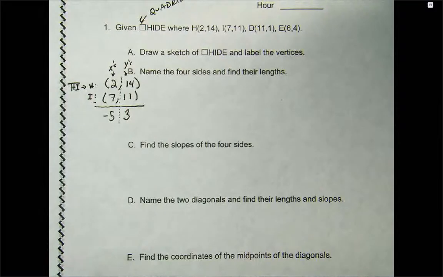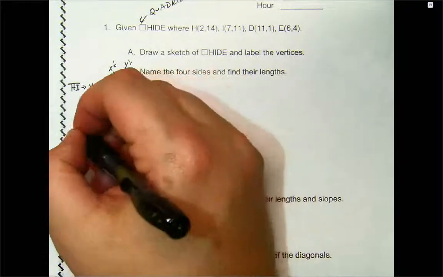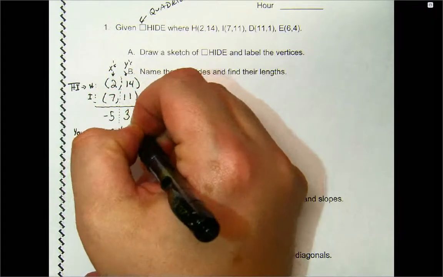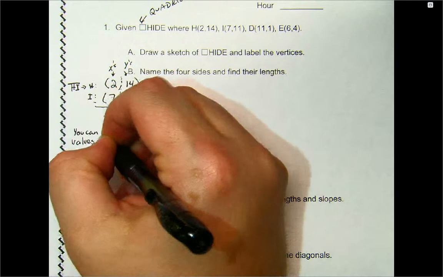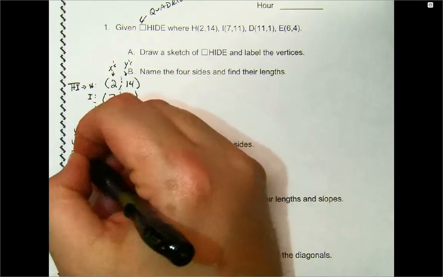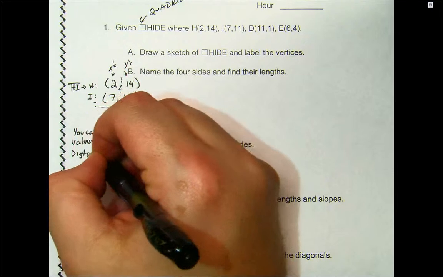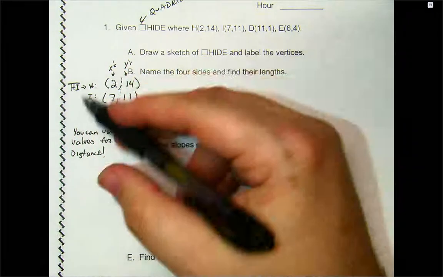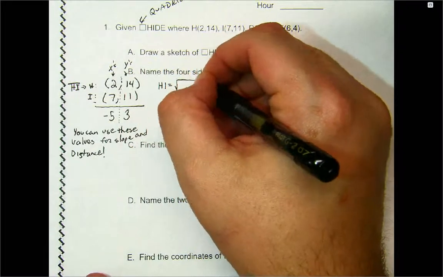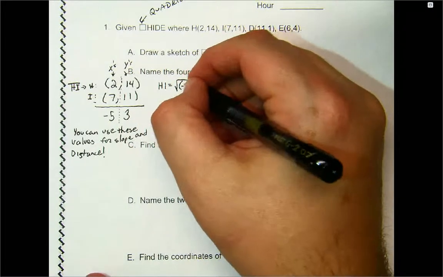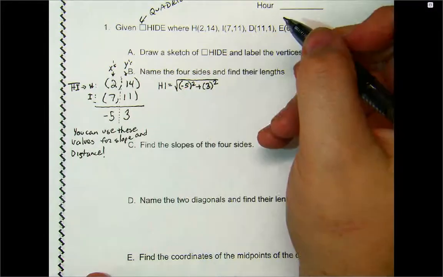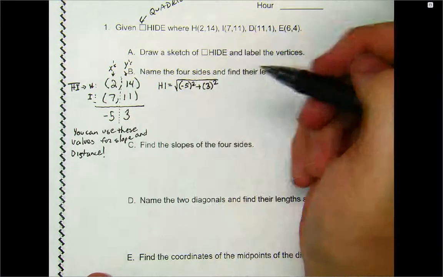Now the neat thing about this is you can use these values for slope and distance. For distance, for HI, what I'm going to do is take these two values and square them, because that's what we need to do for the distance formula.